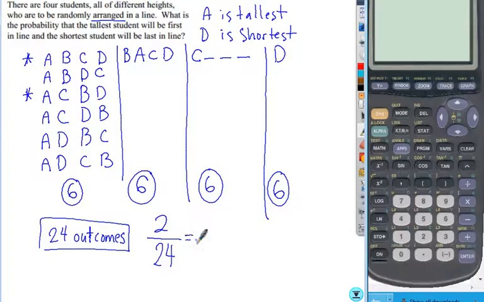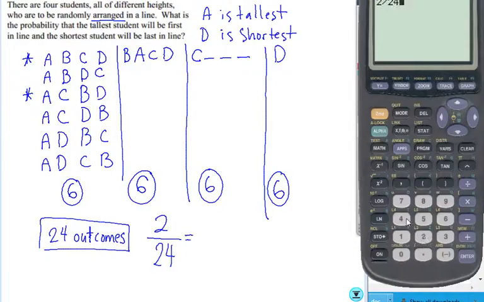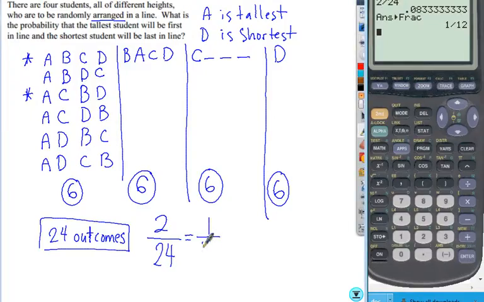You could simplify this fraction by going to your calculator and writing in 2 divided by 24, then hitting math and the fraction key, and enter again. You've got a 1 in 12 chance.